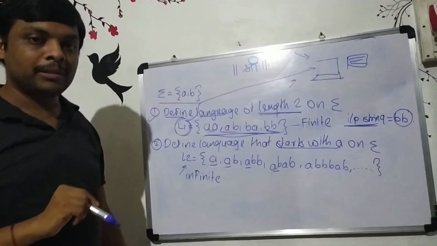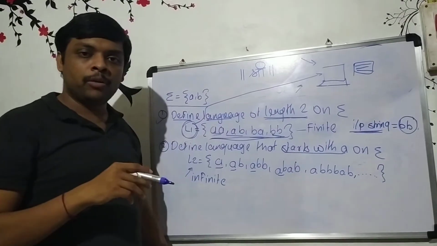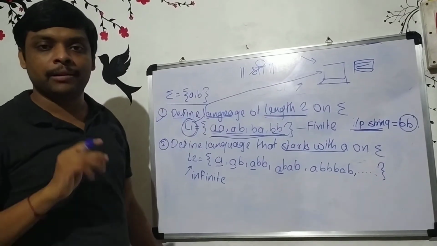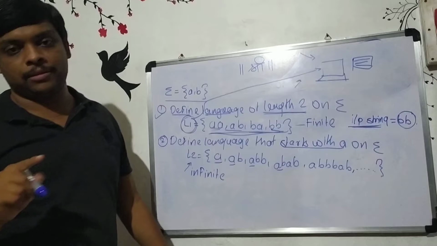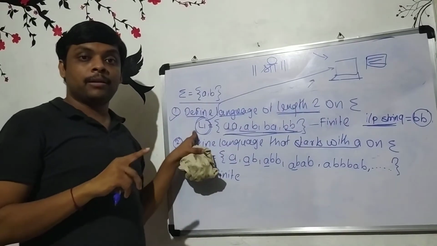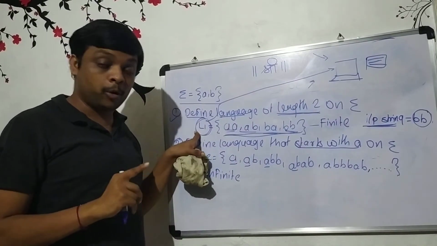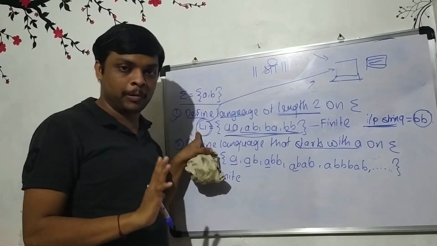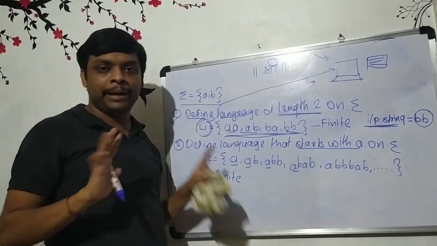Now, this type of program you have already written somewhere in SPA or maybe in data structures. This program is just like searching an element from an array. I hope you all still remember that program.